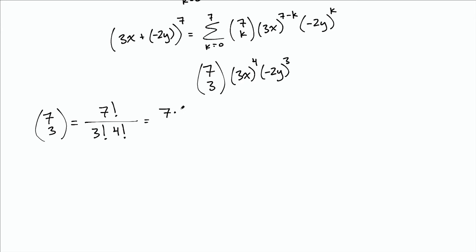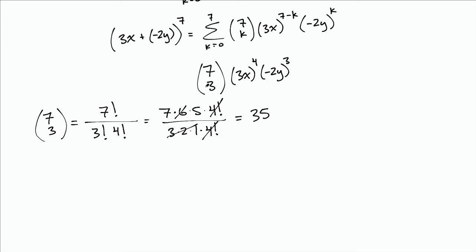That's 7 times 6 times 5 times 4, and right there I'll stop and do 4 factorial, 4 all the way down. I stop there because that will cancel out that factorial that's there already. And then 3 factorial is 3 times 2 times 1. So I can simplify quite a bit. Those 4 factorials cancel. 3 times 2 times 1 is 6, so I can cancel that with the 6 in the numerator. And we're left just with 35.